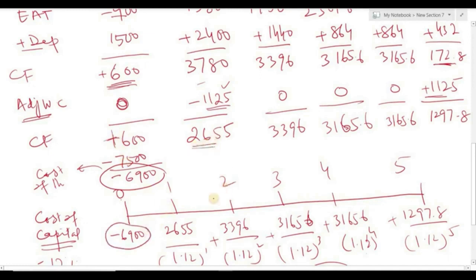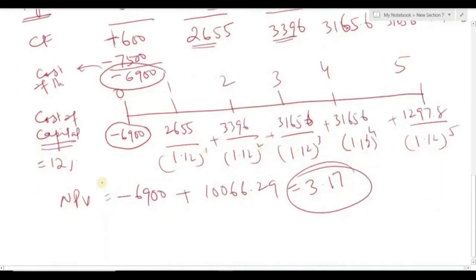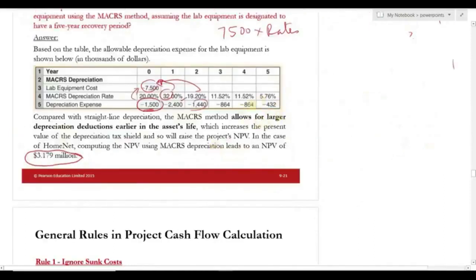And in year 1 we have 2655, year 2 we have 3396, and so on. So the cost of capital is 12%, so if you find the NPV, it will be 3.179. Okay, now you got it, how to calculate the NPV using the MACRS.